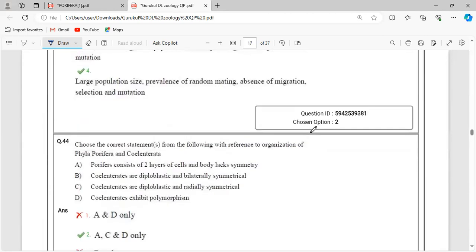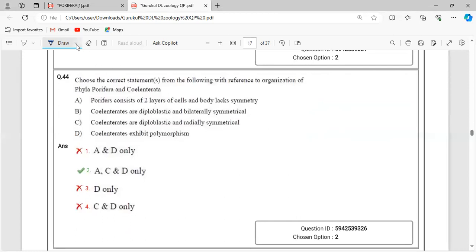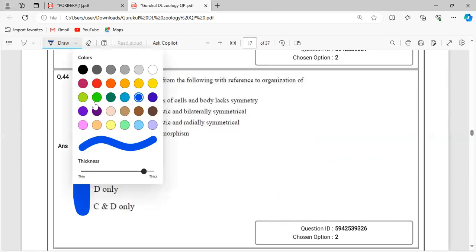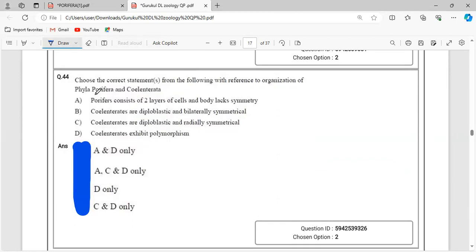Another question they have asked is, see, there is a comparison between these two: phylum Porifera and phylum Coelenterata. When we complete the phylum Coelenterata, then we will answer this type of question. Okay, see how the question may be. That is why I keep on stressing why studying the general characters is very important. See, from the general characteristics they are asking the questions. So finally 3 questions are from Porifera. See, from a very simple topic, 3 questions.